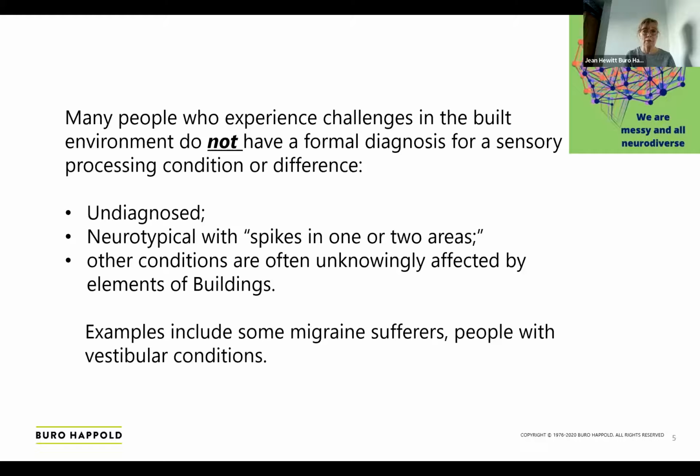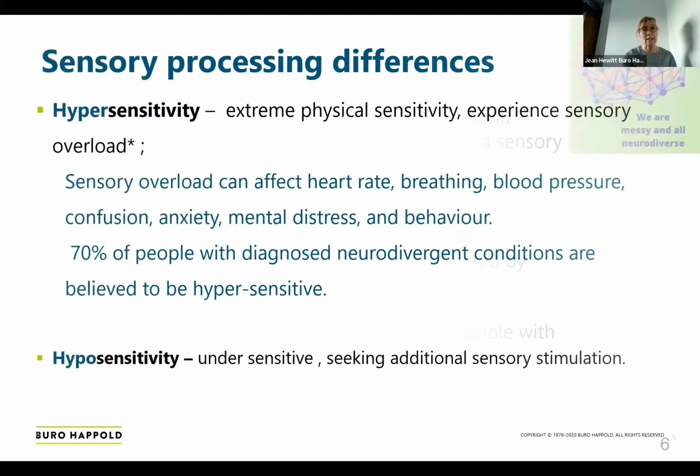Examples that I've come across, some conditions that I've never heard of before, but the more common ones, migraine sufferers and people with vestibular conditions, like a balance condition, can all be affected by very much the same types of things. What happens is there is a sensory processing difference in the way our senses work with the built environment in particular. There can be a hypersensitivity, which basically means you experience things too sensitively.